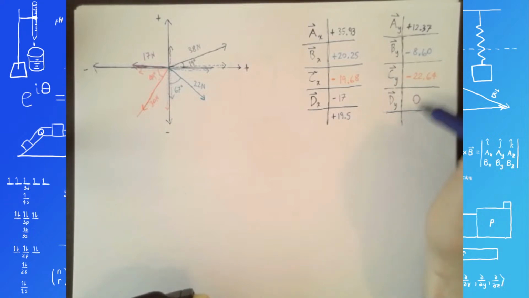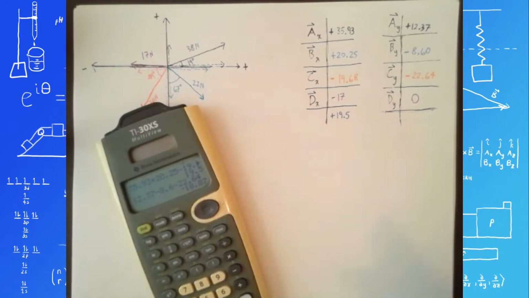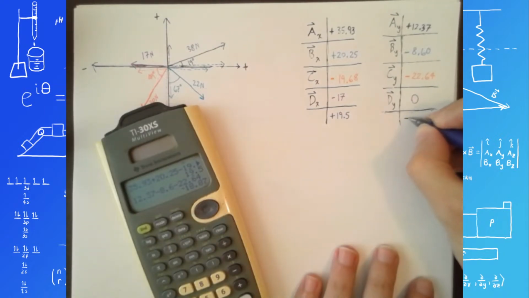And then a 0. So we've got 12.37 minus 8.6 and minus 22.64, and I'm getting negative 18.87. Negative 18.87.